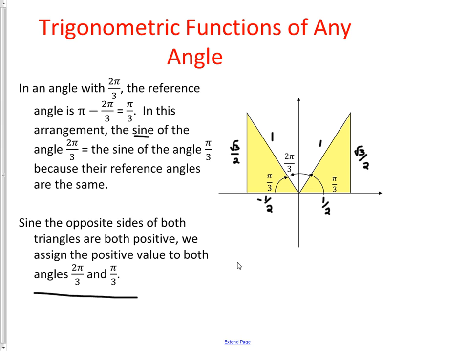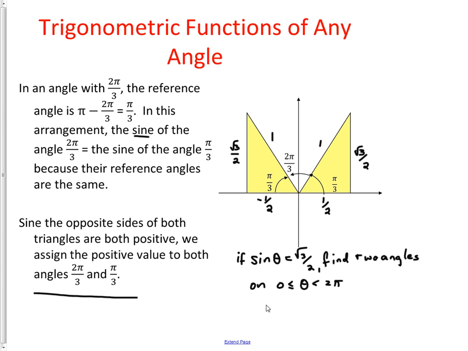So we might actually see a question that looks like this. Specifically, we might say, well, all right, if sine of some angle theta is equal to square root of 3 over 2, we might be asked to find two angles on the interval from 0 to 2 pi that give us this value.